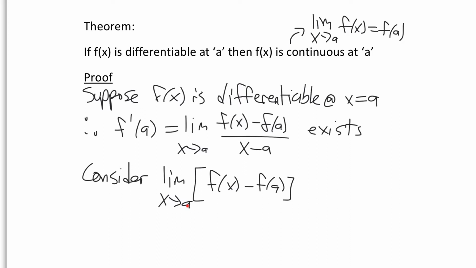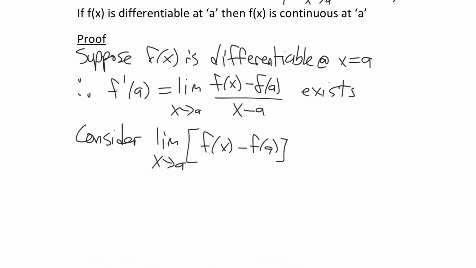Now, if you were to plug in a, you would get f of a minus f of a, which of course equals 0. So we expect this limit to equal 0, but remember, we can't plug in a because that's what we're trying to prove. We're trying to prove that you're allowed to plug in a, that the function is continuous.